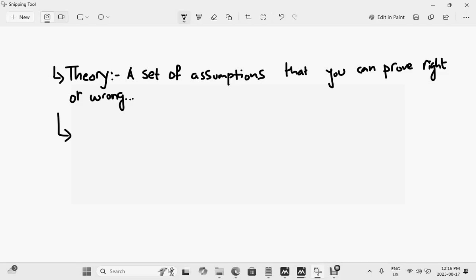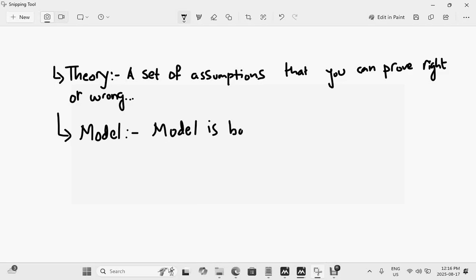All right, on the other side, you have something called a model. Now the model is more empirical. What that means is based on verifiable experience.